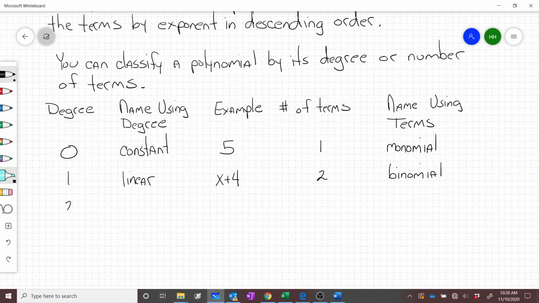A degree of 2 is a quadratic. An example would be 4x squared. This is another example of one term and a monomial.